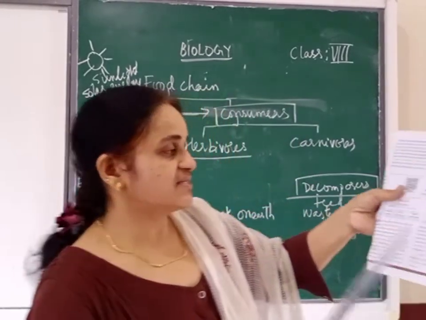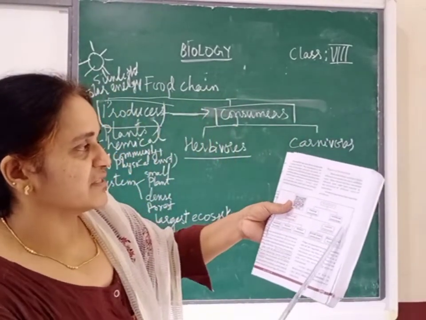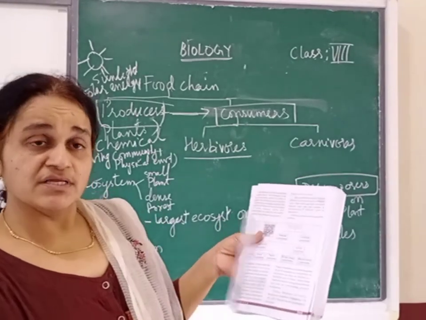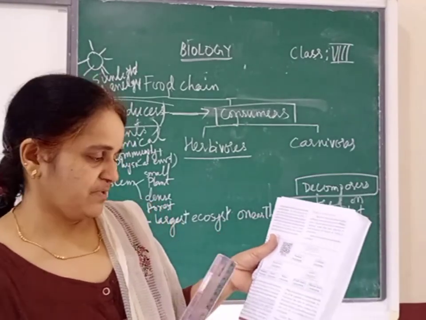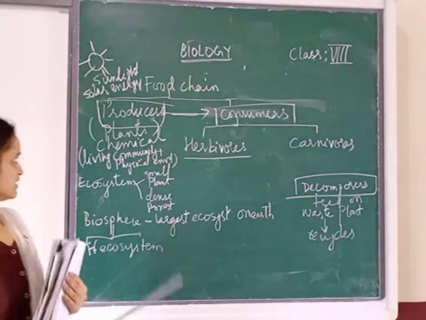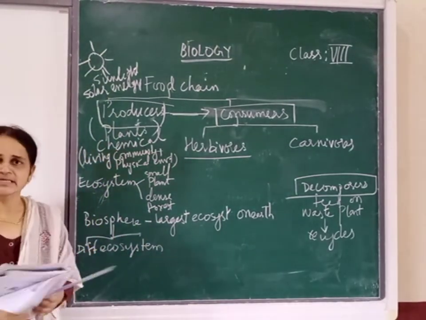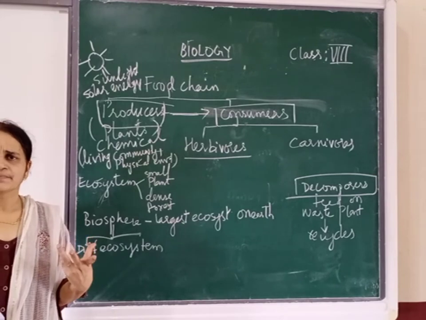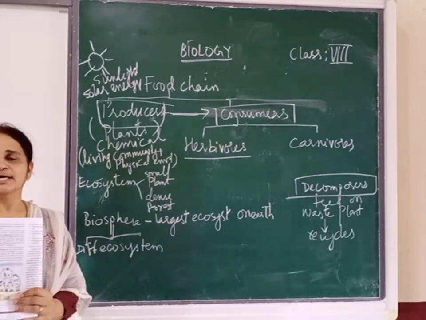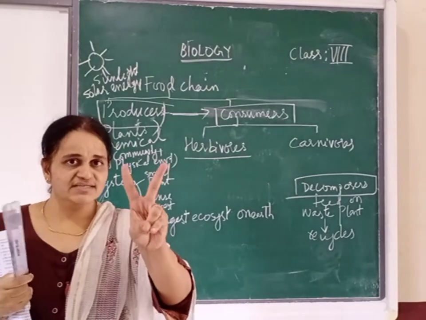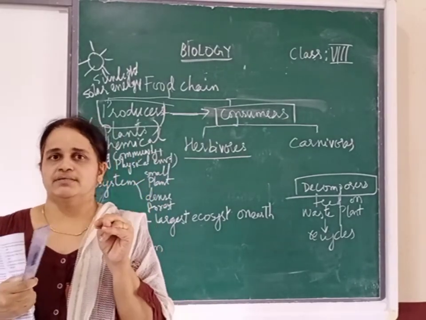Now we will see the division of ecosystem. Page number 107. Before the division of ecosystem, you should know what is ecosystem. Ecosystem is nothing but the living community, living with interactions with the physical environment. You know two factors, biotic and abiotic.